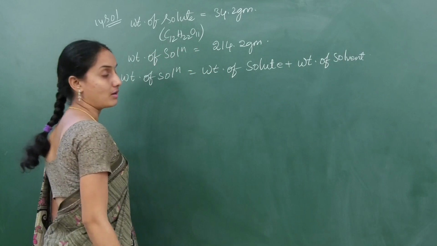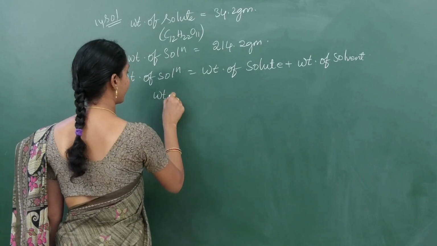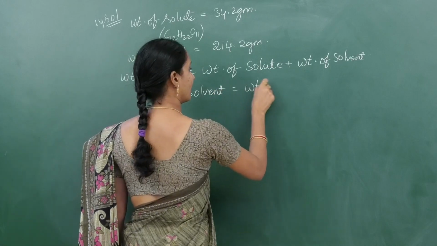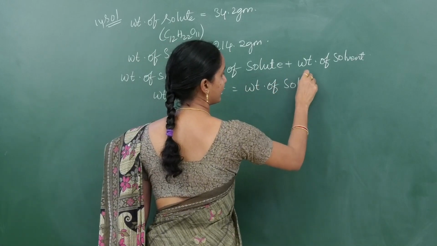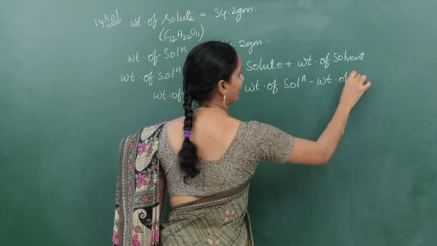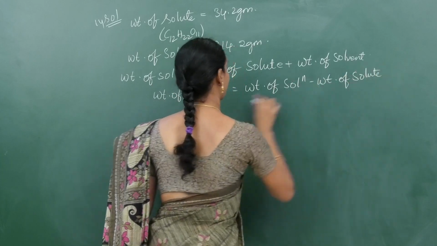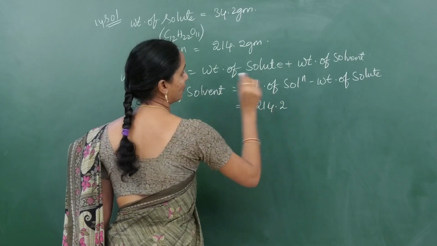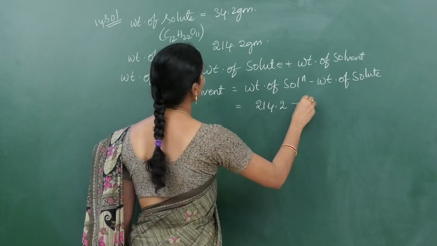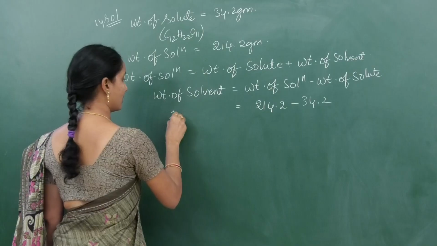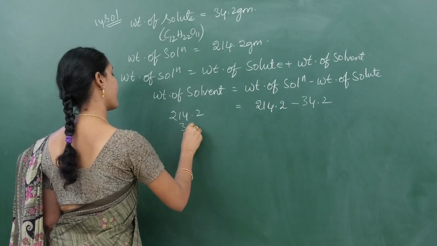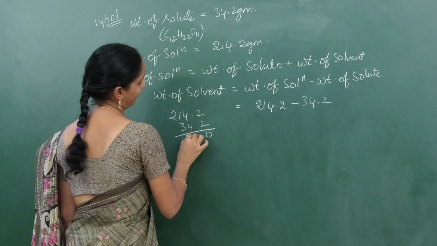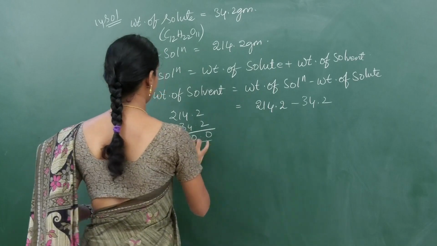So we want weight of solvent now. So weight of solvent becomes weight of solution minus weight of solute. So that is equal to 214.2 minus 34.2, children. 0, 0, 21 minus 3 means 18 it is.